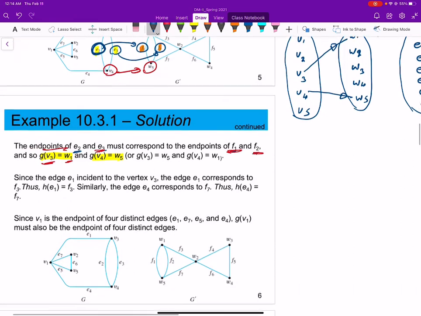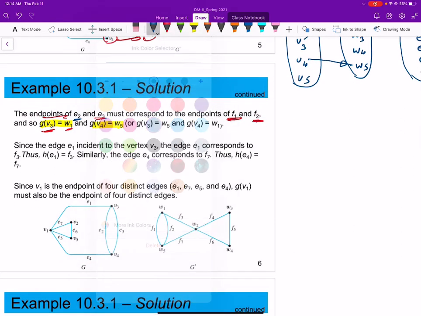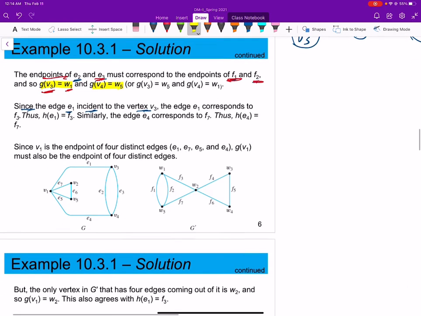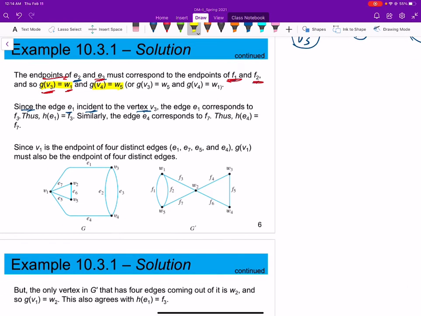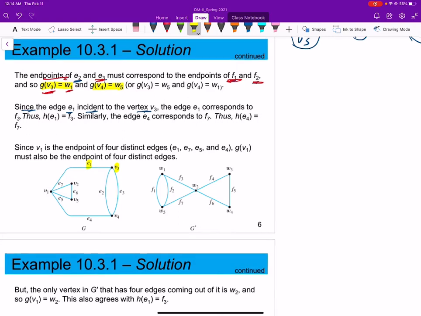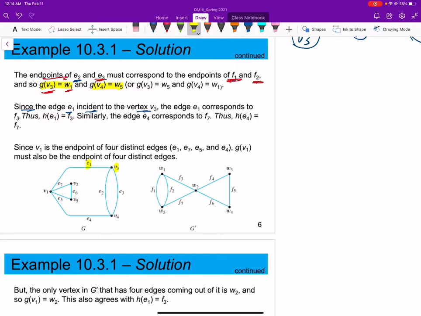And then go down. Since the edge E1 is incident to vertex V3, which is right here, the edge E1 corresponds to F3.